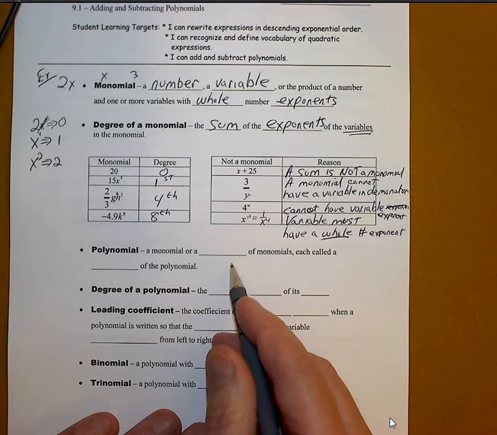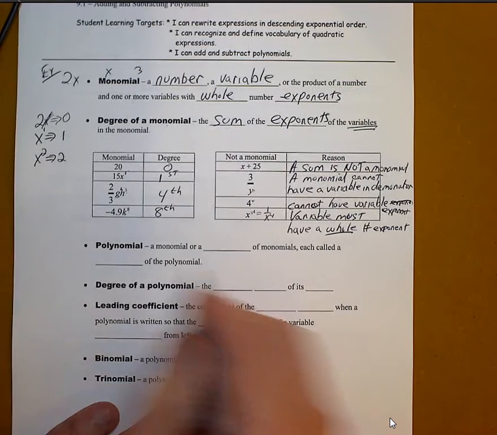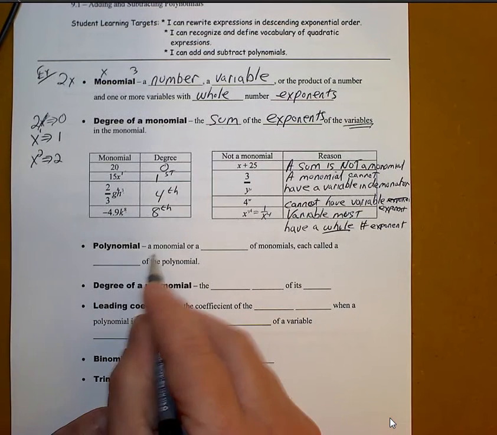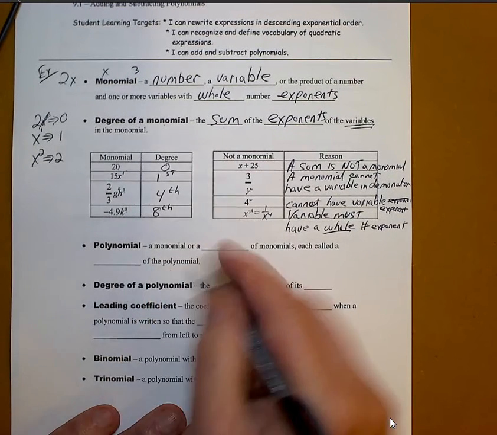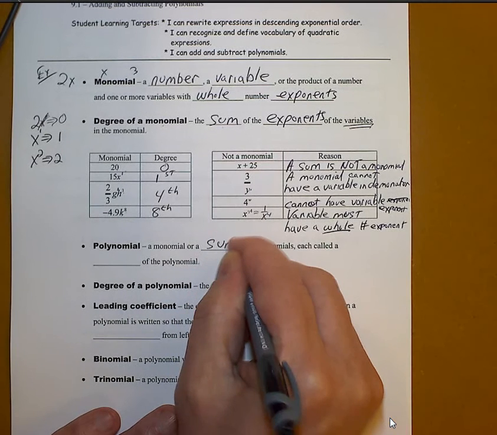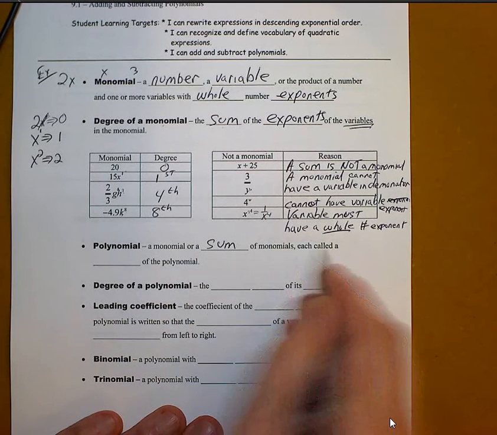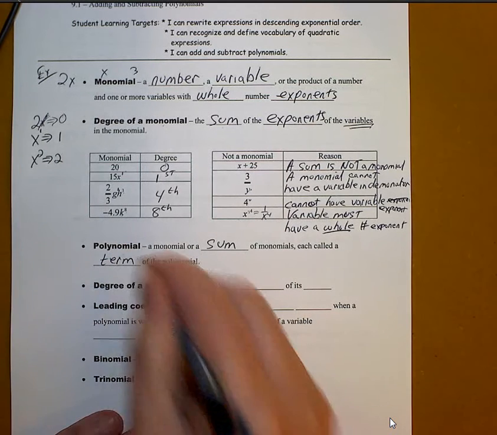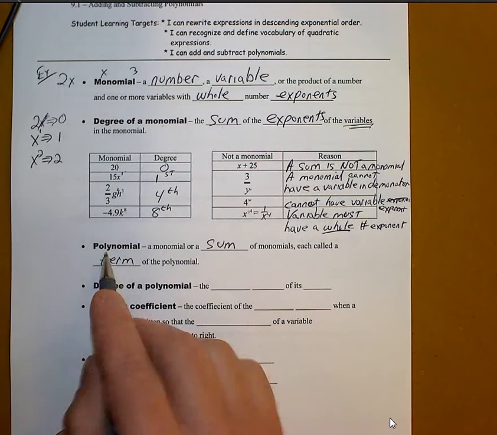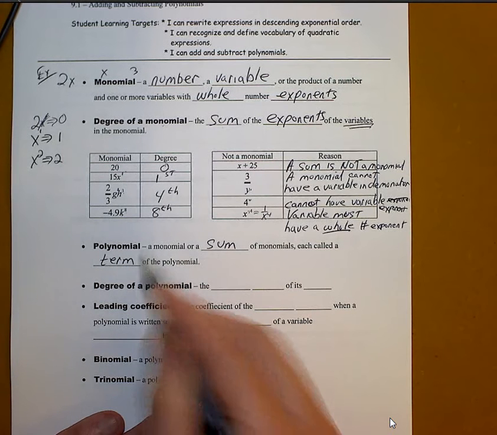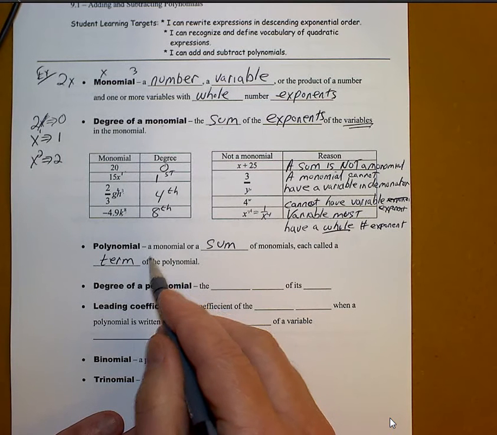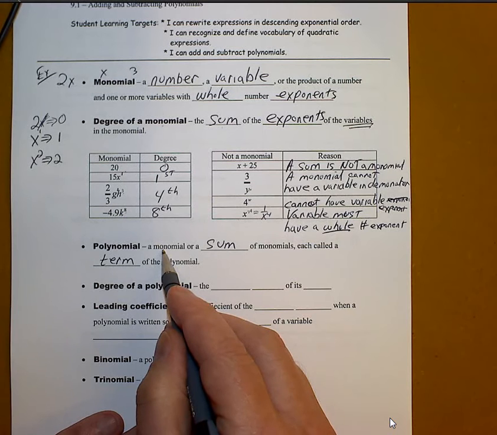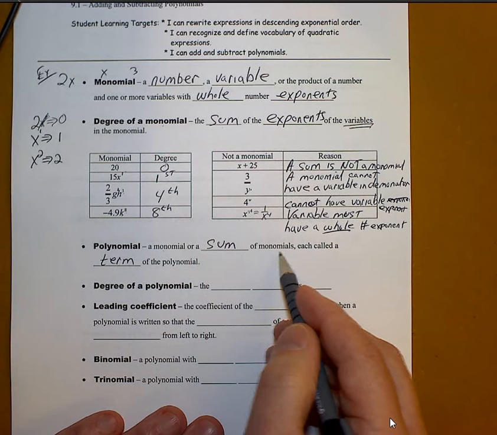Let's do a couple other definitions here. A polynomial. A polynomial is a monomial or a sum of monomials, each called a term of the polynomial. So polynomial just means many. So it's more than one. Okay, it's a monomial or it's the sum of monomials.